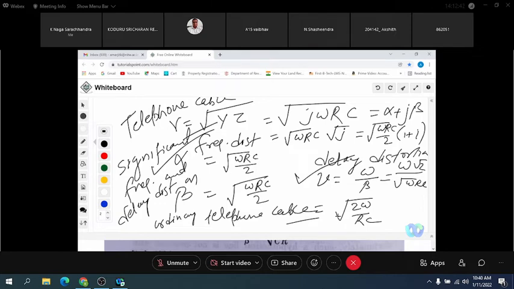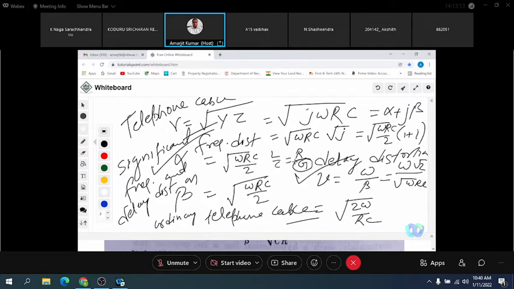For the general case, to make a distortionless transmission line, you know the condition: LG is equal to RC, that is, L/R = C/G.